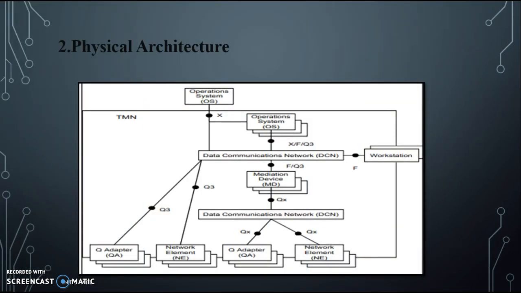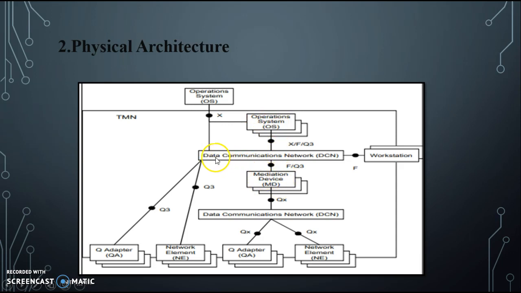Now let us see the physical architecture. The physical architecture shows how the functional blocks should map upon the building blocks. Now these are the functional blocks: operating system function, mediation function, queue adapter function, network element function, and workstations. So this physical architecture defines how these functional blocks can act as building blocks upon the physical equipment.